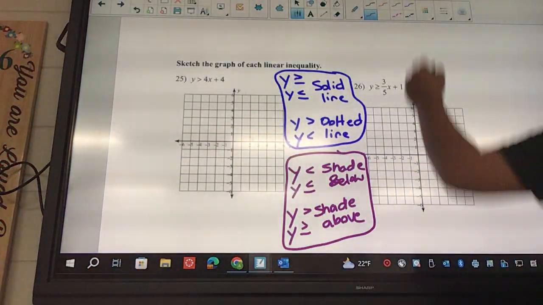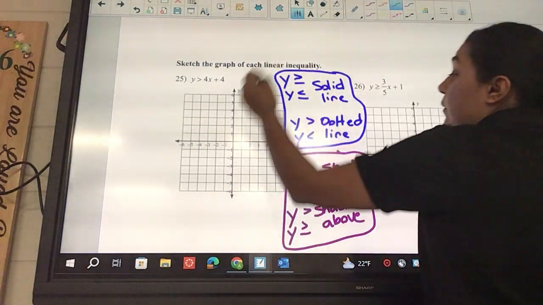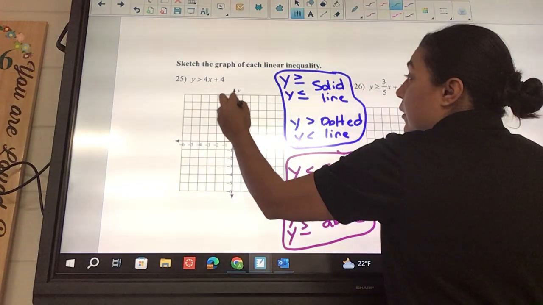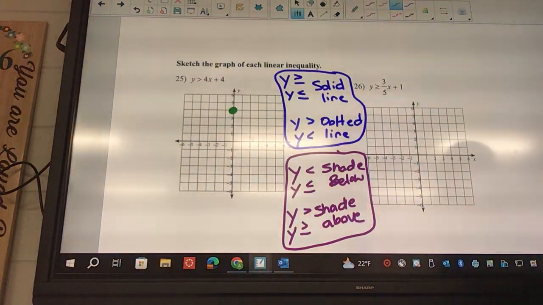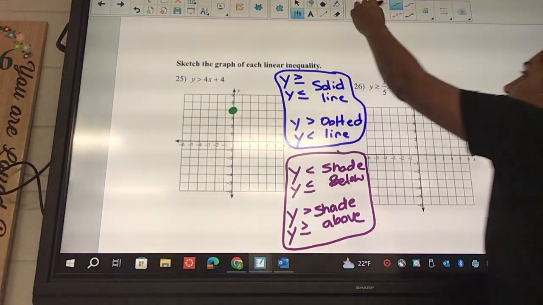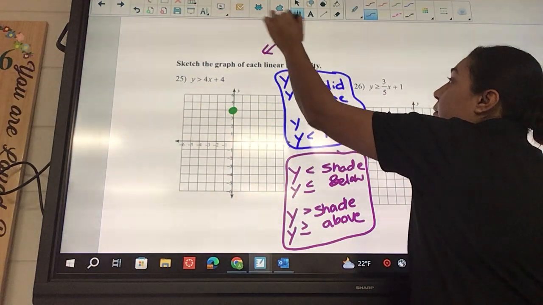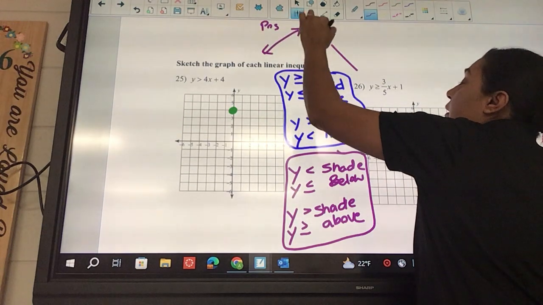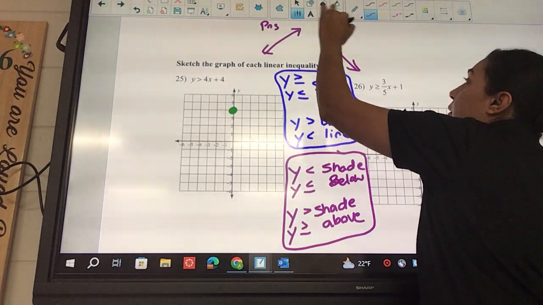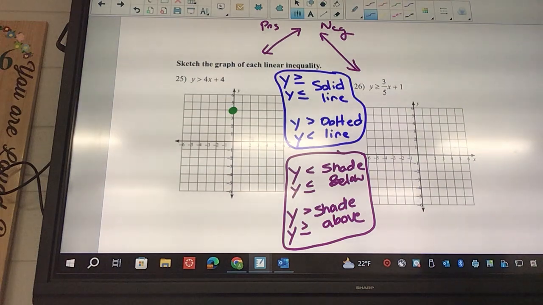Okay, so we're gonna start this line at the 4. And my slope is, I do wanna write on here, okay, this is a positive line. And this is a negative line. Okay, so make sure yours is going, so mine is a positive line, so the line should be going like this.